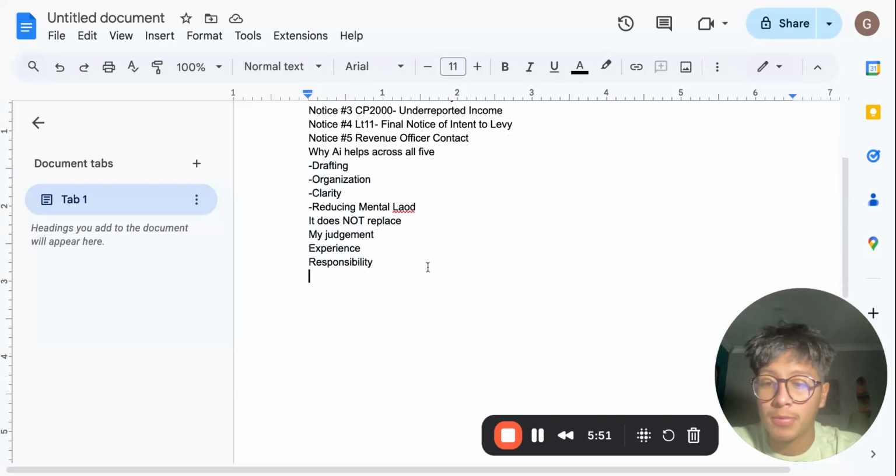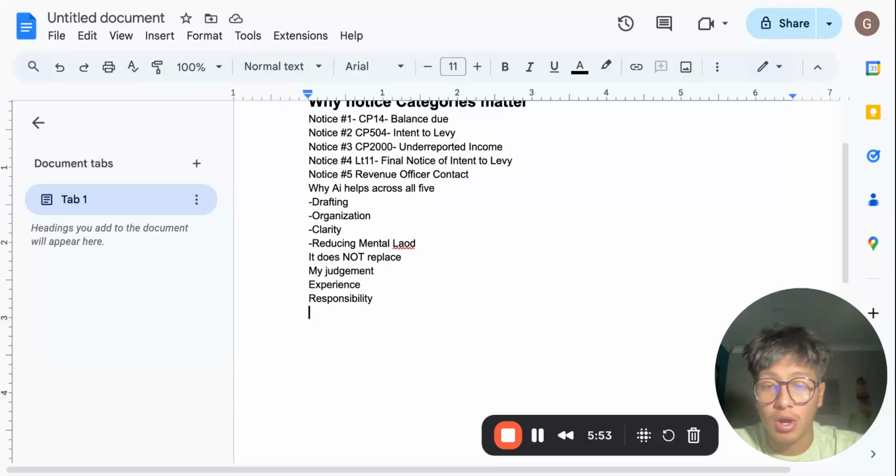Now, why AI helps with all of these. Across all of these, AI consistently helps with drafting, organization, clarity, and reducing your mental load, which is the most important thing. It gives you more mental energy to do other high leverage tasks, other bigger decisions that require more timing, more judgment, more experience.